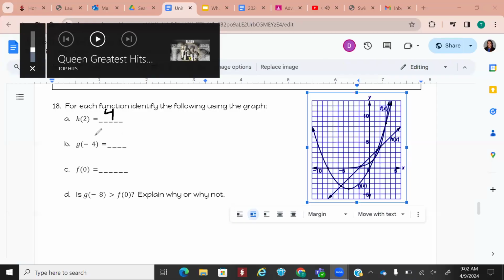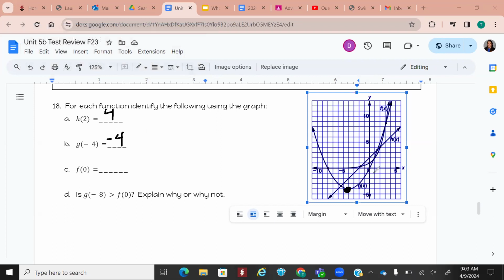Okay, so g of -4. So we're going to look at when x is -4, what is our g function? And that's going to be actually -4. F of 0. F is this function that's an exponential. So that's right here. That's 1.